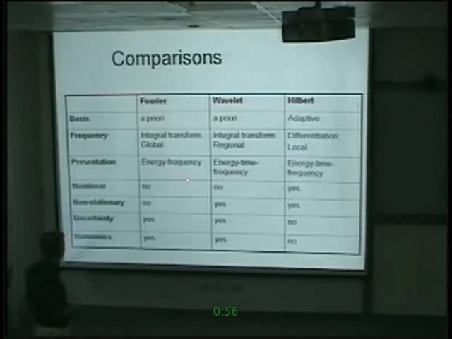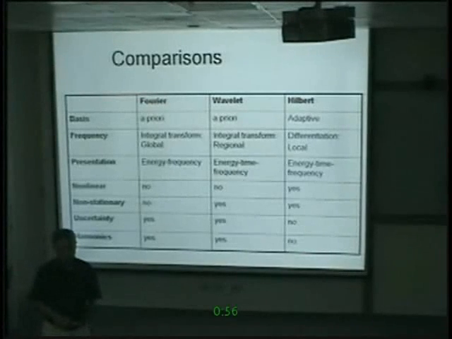And we can do nonlinear data, we can do non-stationary data, we don't have uncertainty principle limitation, we don't need harmonics. Harmonics, as the example that I repeatedly shown you, it's not physical, it's mathematical.